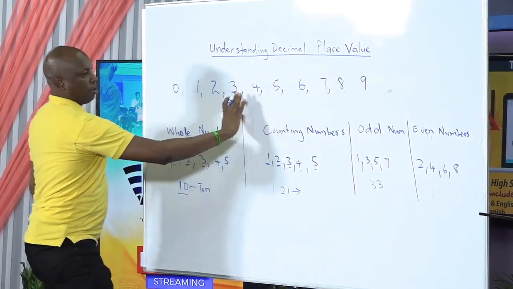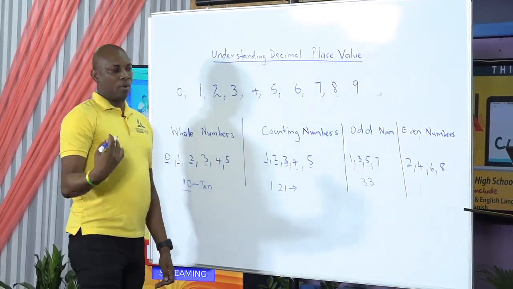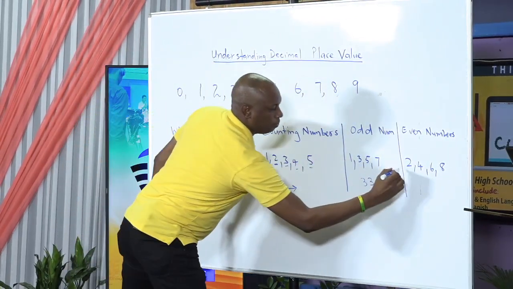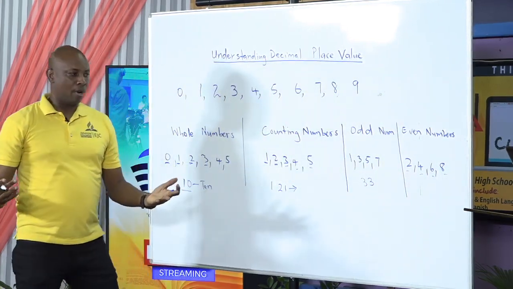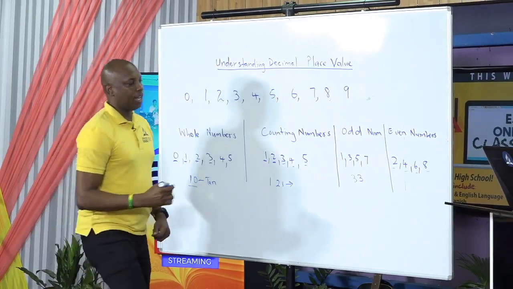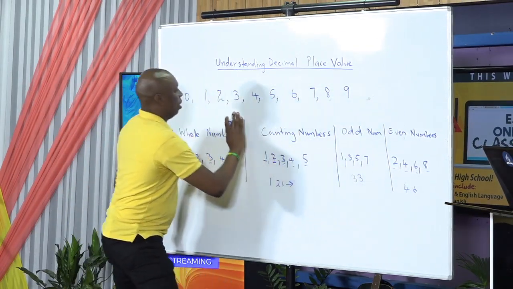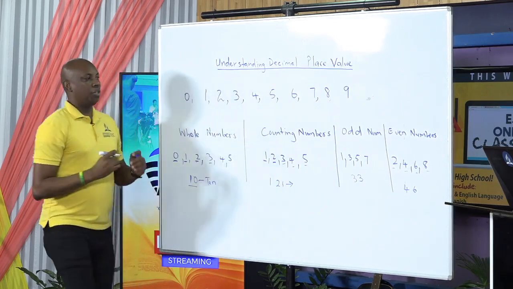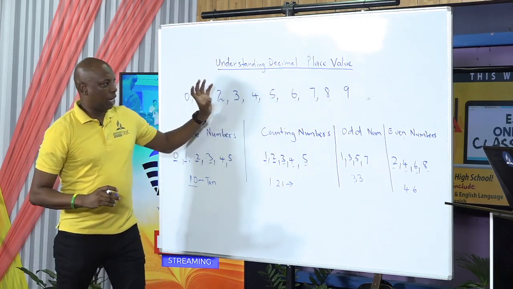Same digits in our number system. Numbers that are divisible by 2 without leaving a remainder: 2, 4, 6, 8. If I want to create the even number 46, I can choose the 4 and the 6 from the digits here. In doing this, I am making use of all the digits here.